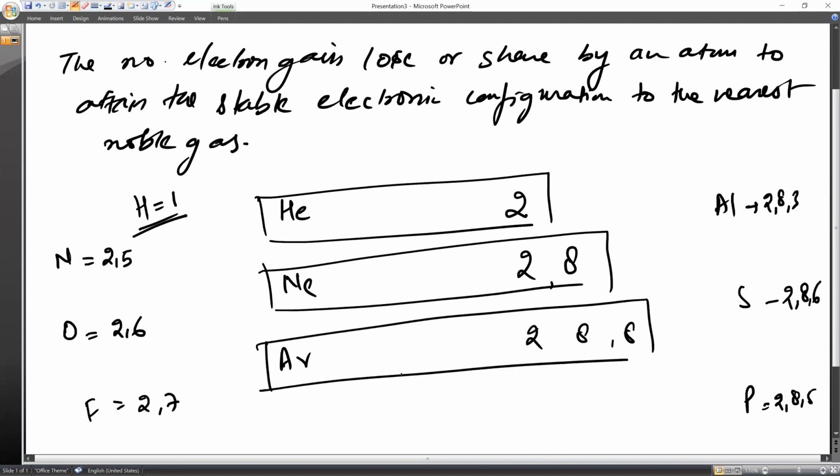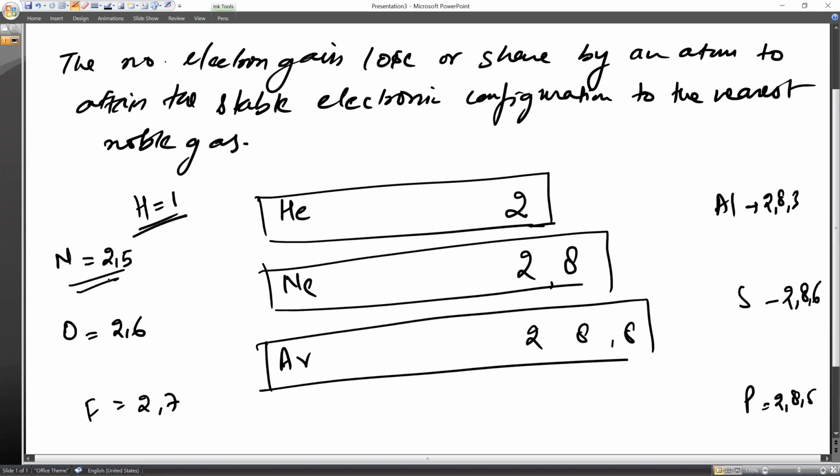So how many electrons does hydrogen need to have the electronic configuration of helium? One more. So we'll consider it as +1. So hydrogen's valency will be 1.